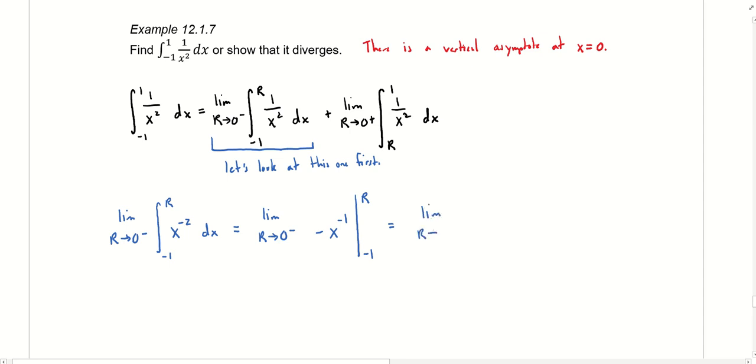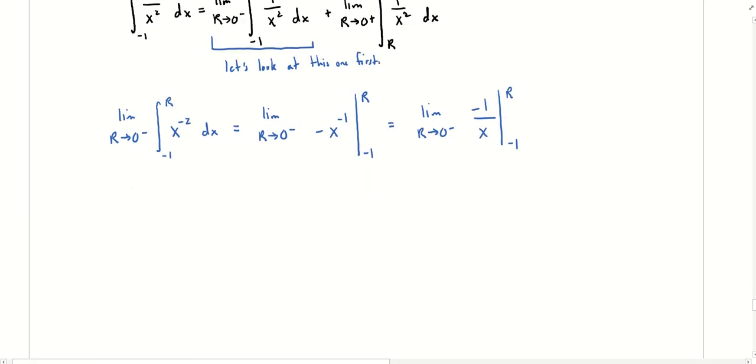And I'm going to rewrite that into this -x to the -1 one more time. I'm going to write it as -1 over x. And we're evaluating from -1 to r. So we are taking the limit as r goes to 0 from the left.